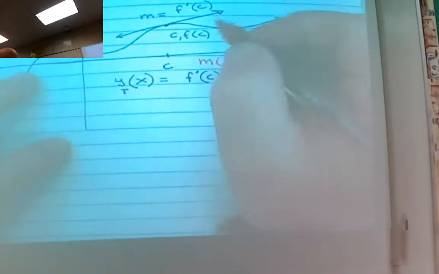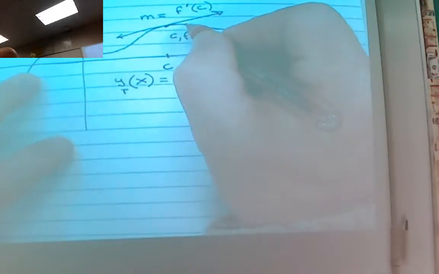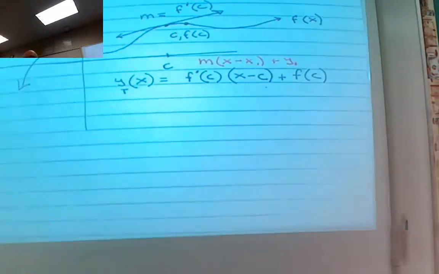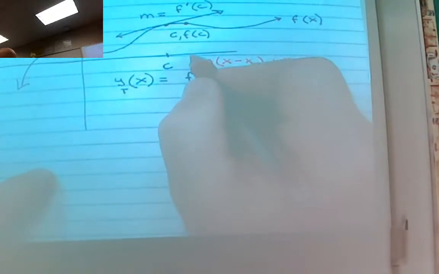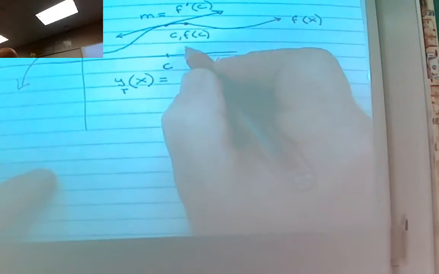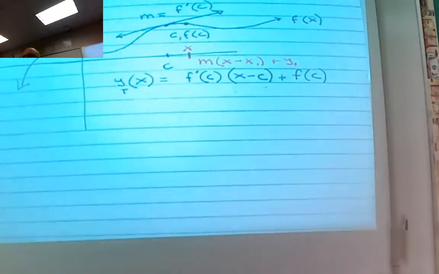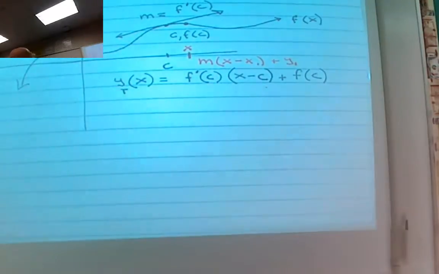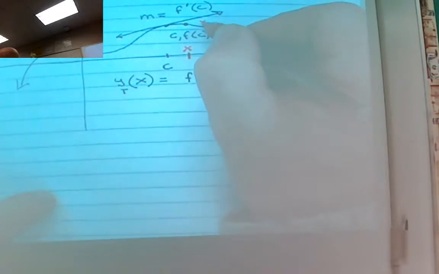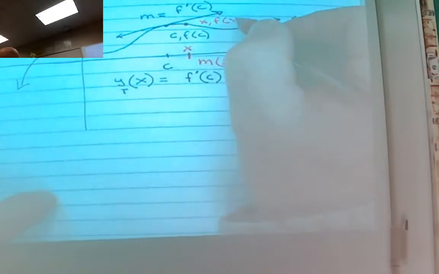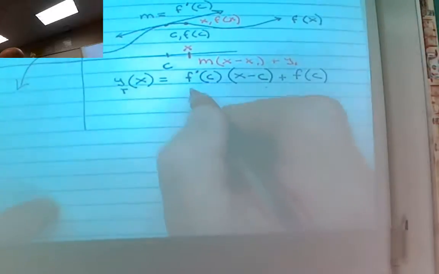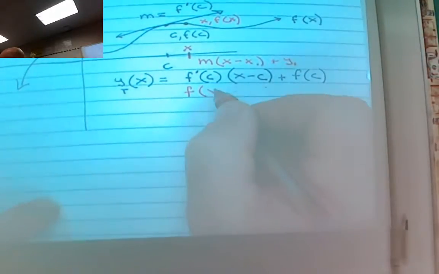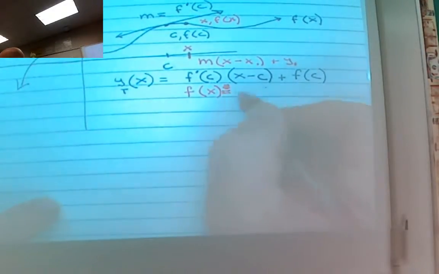Now, there's going to be a point here. And right here, I'm going to have a value, and this value I'm going to call x. And so this point here is x comma f of x. And I'm going to want to know what f of x is equal to.